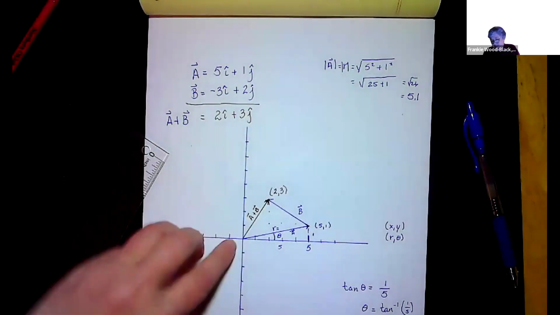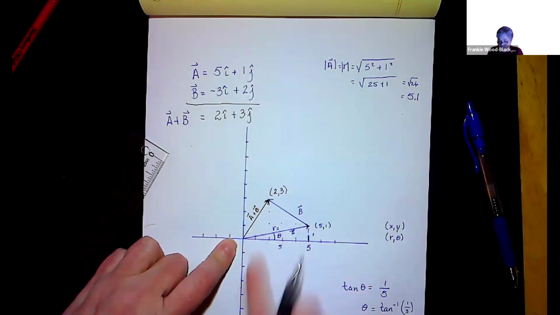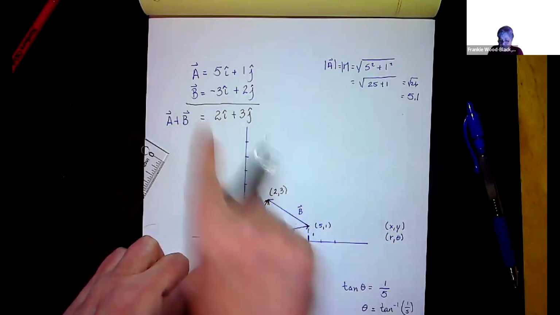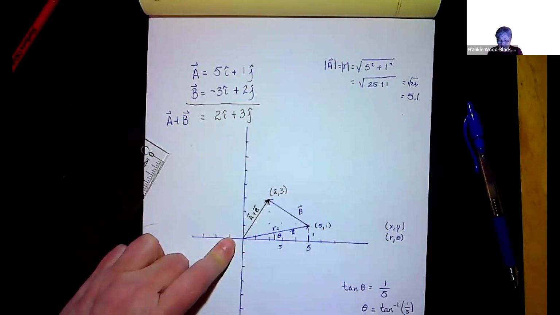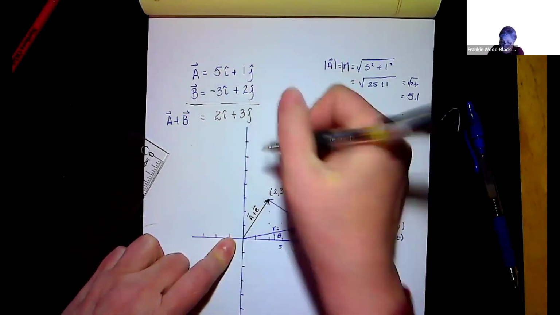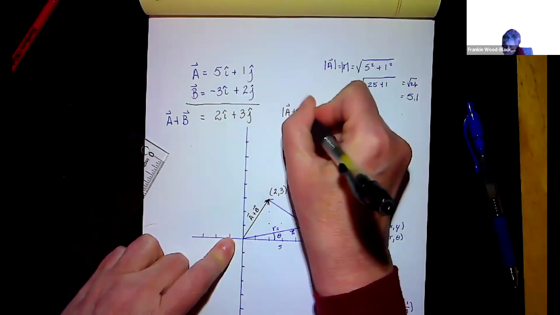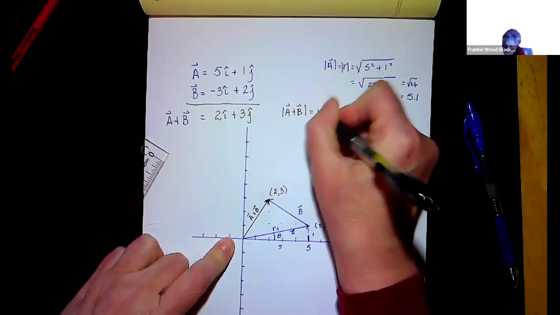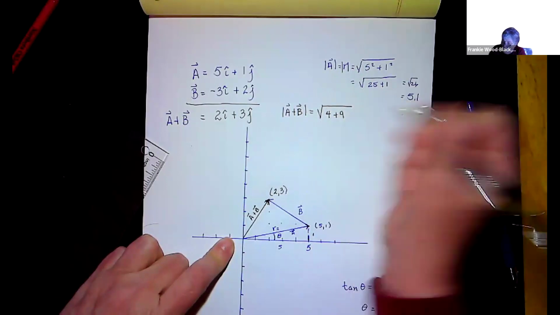So I've done this now graphically. I've added my vectors graphically, and I have done it mathematically. And now I can figure out, well, what's the magnitude of A plus B? Well, that's just going to be the square root of 2 squared, which is 4, plus 3 squared, which is 9.